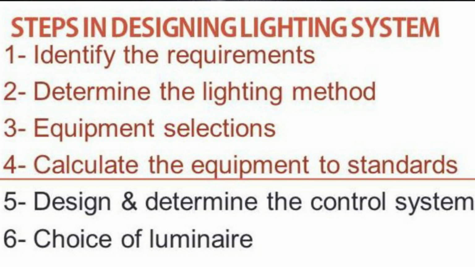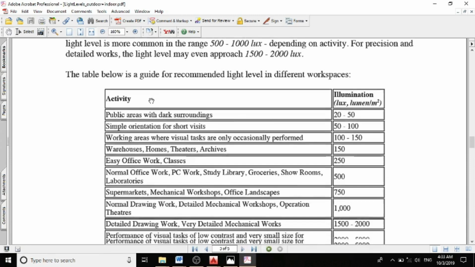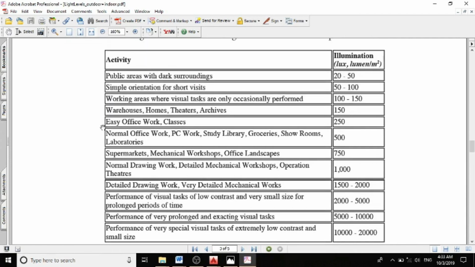For example, the National Optical Astronomy Observatory standards in the US state for different areas in the building: public areas with dark surroundings 20 to 50, simple orientation for short visits 50 to 100, and supermarkets, all these commercial centers, in general 750 lux.